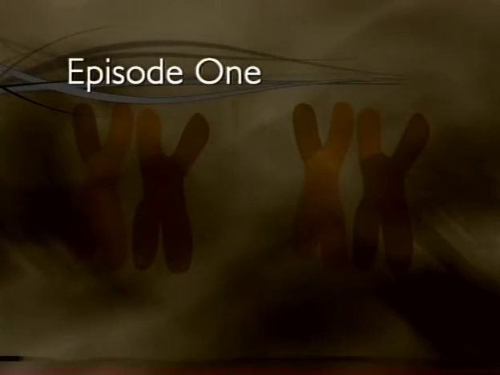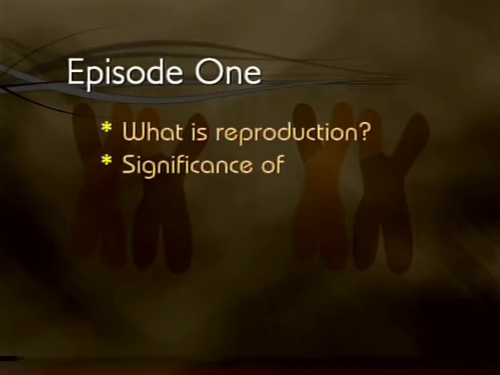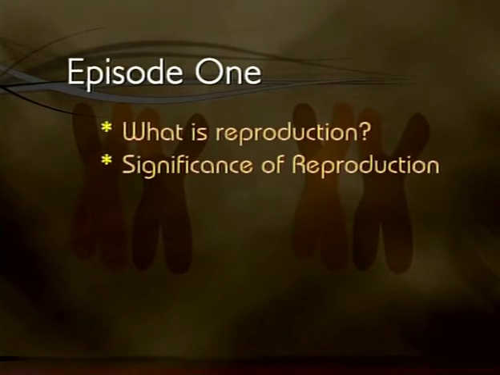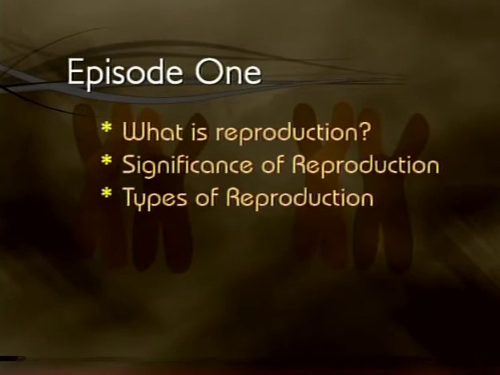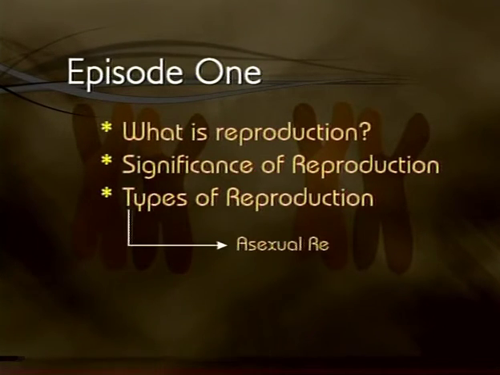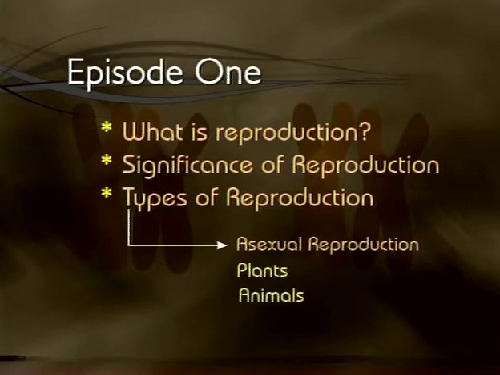Before we delve further into the details of this topic, let me tell you, we have divided this chapter into 3 episodes. The first episode introduces what is reproduction, what is the significance of reproduction, and the 2 important types of reproduction. We shall also be discussing in detail the types of asexual reproduction in both plants and animals.